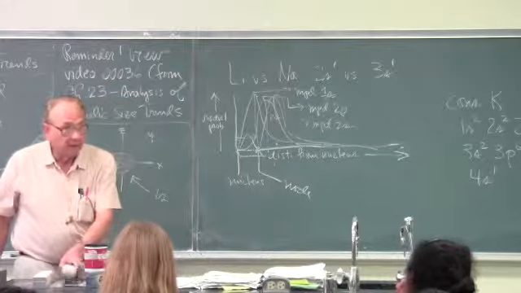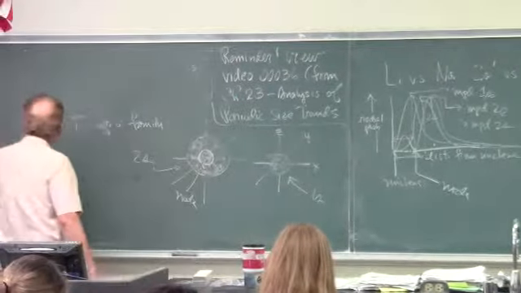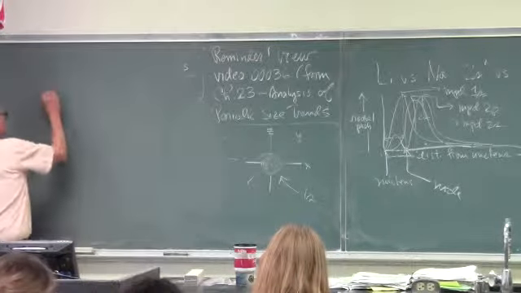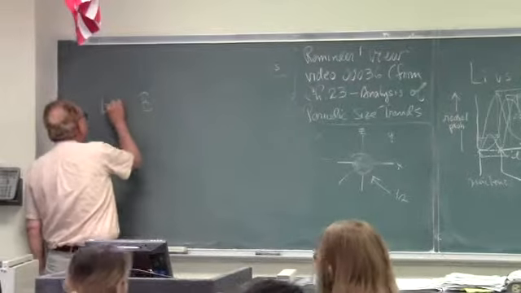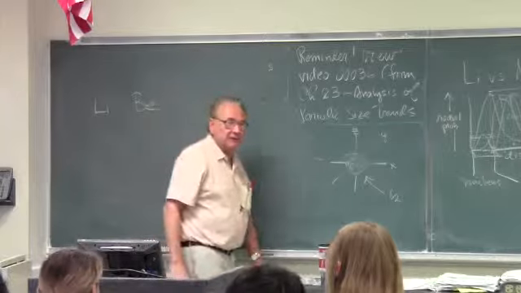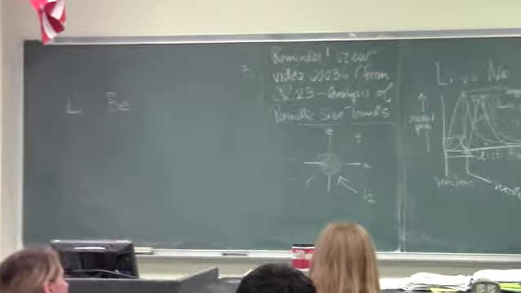So, with this before us, let's ask a question. How do you think these two atoms compare size-wise? Now, you know the answer because you remember these size trends, didn't you?